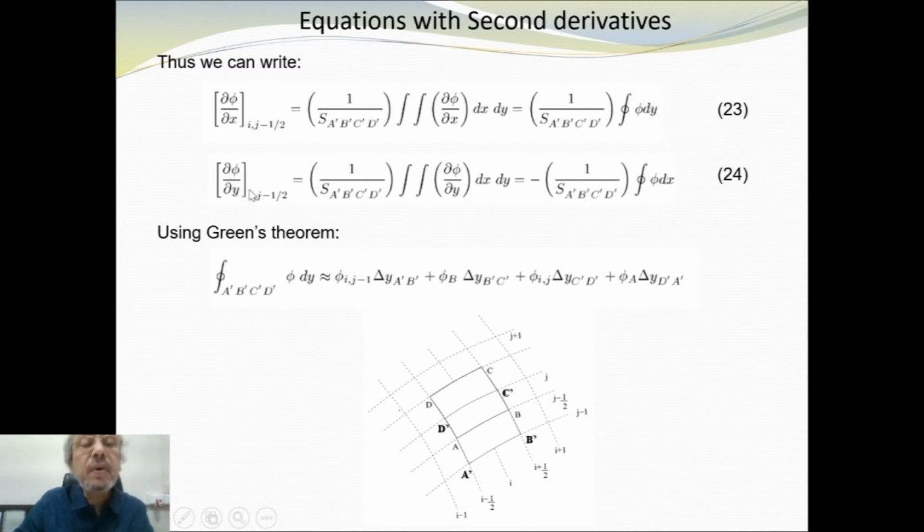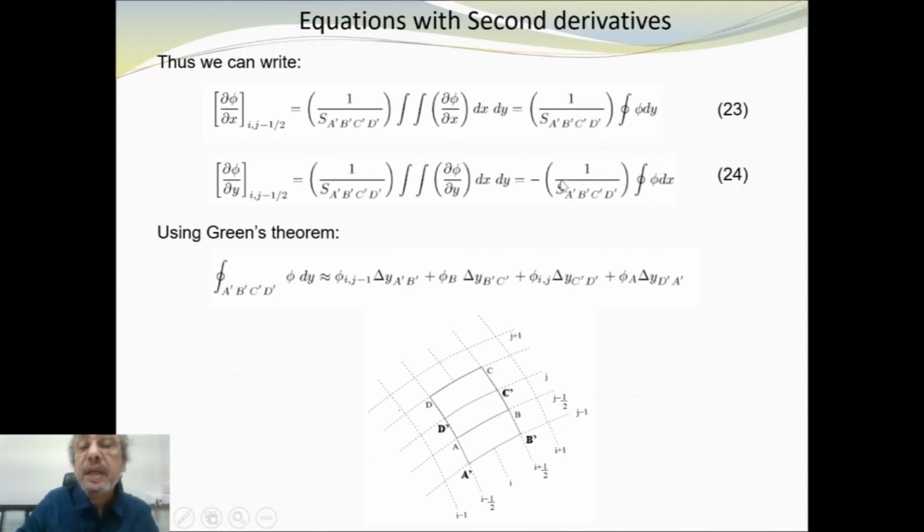And del phi del y at the same point i, j minus half is calculated as the double integral of del phi del y dx dy, so the area integral of del phi del y on the area A prime, B prime, C prime, D prime, divided by the area.